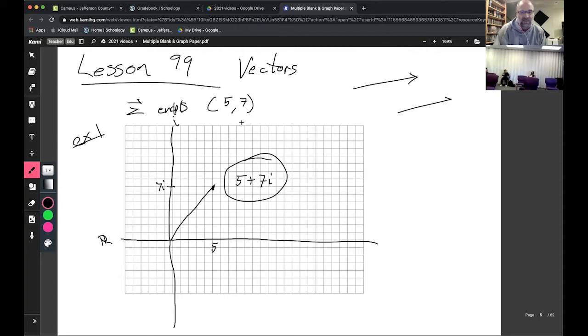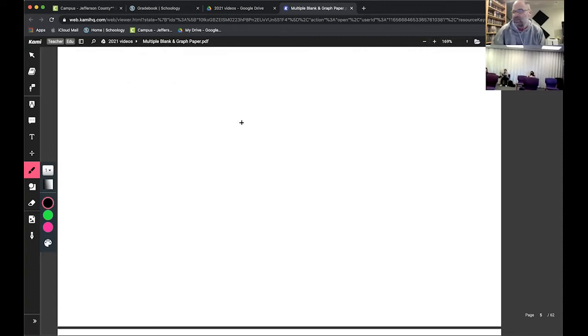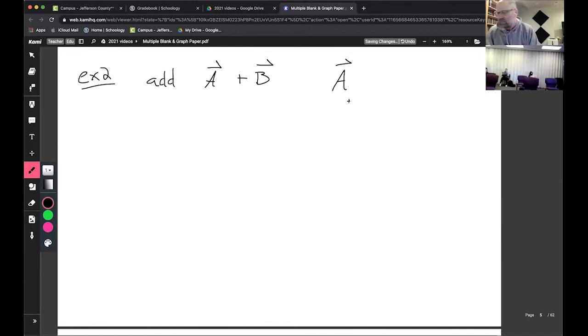You can also add vectors. And adding vectors is real easy. You just add the x's and add the y's. Okay. So here's example 2. We're going to add A plus B. Okay, and it gives us A, and we can give it in complex form.